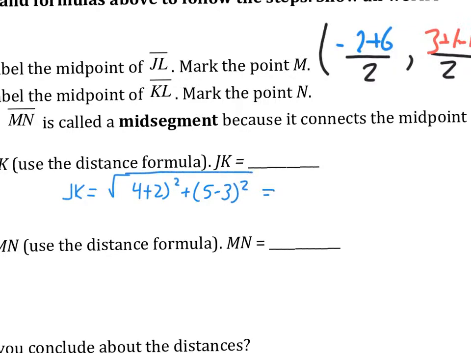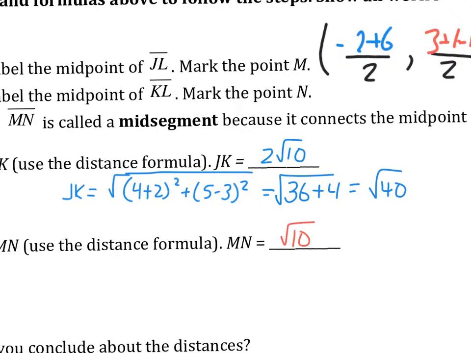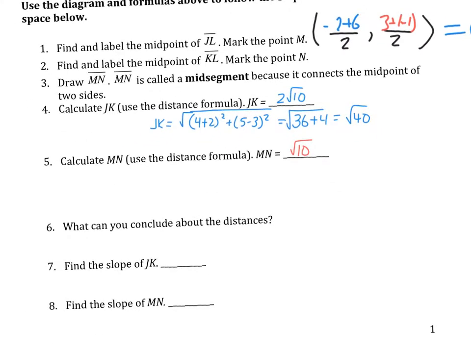And now let's go ahead and simplify. Here I get 36 plus 4, keep the square root, and the square root of 40, and that can reduce to 2 radical 10. And now when you do that whole process again for MN, we end up getting radical 10. So our first conjecture is correct.